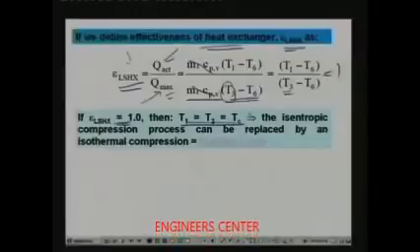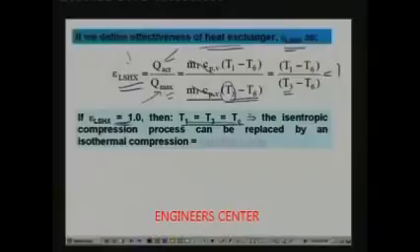That means by using a perfect liquid suction heat exchanger, you can heat the refrigerant vapor from the evaporator temperature right up to the condenser temperature isobarically. That means when epsilon LSHX is 1, T exit of the liquid suction heat exchanger will be the same as the condenser temperature. This gives rise to an interesting cycle proposed by Grindlay, and it is called the Grindlay cycle.